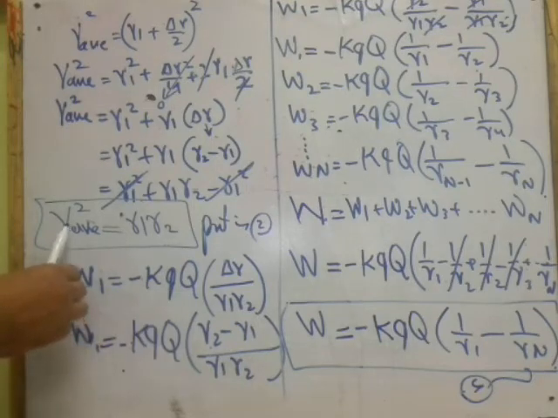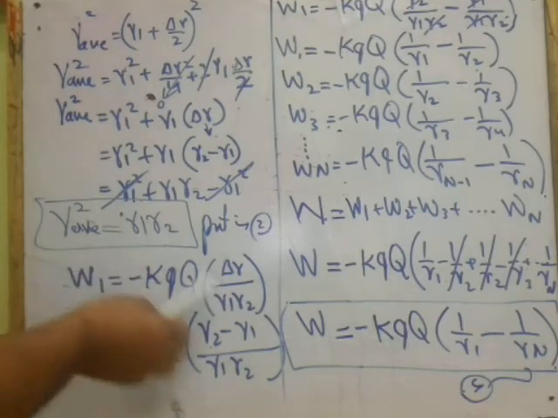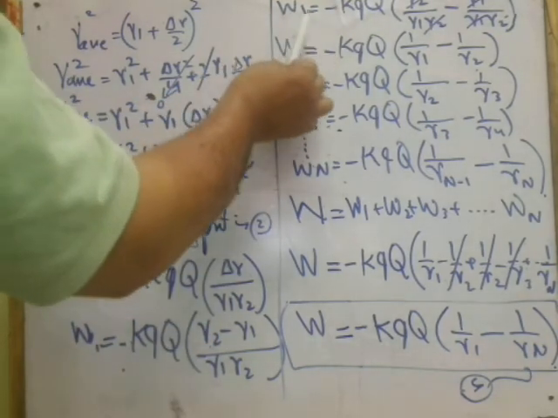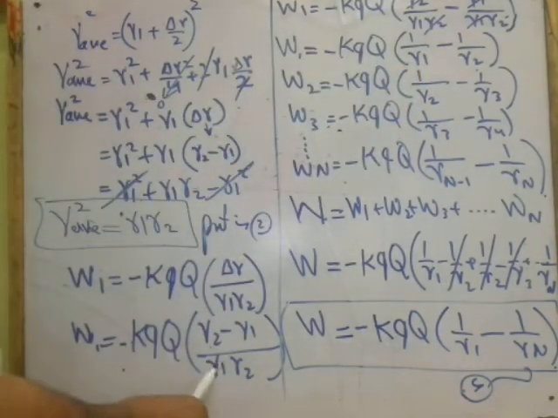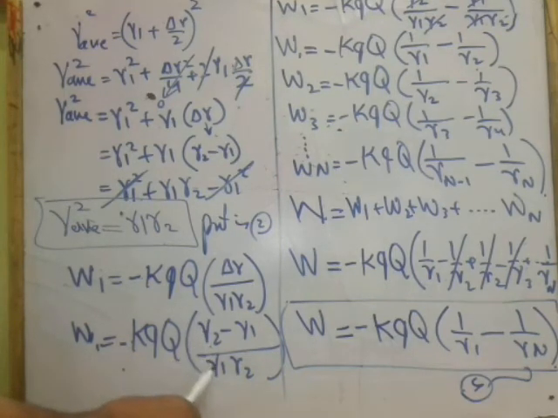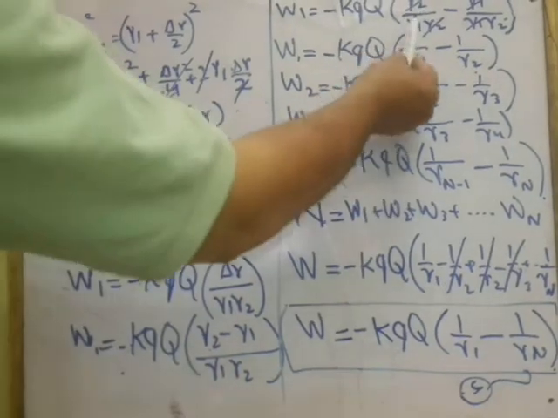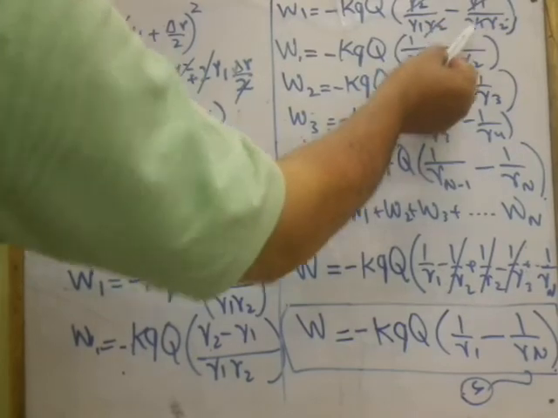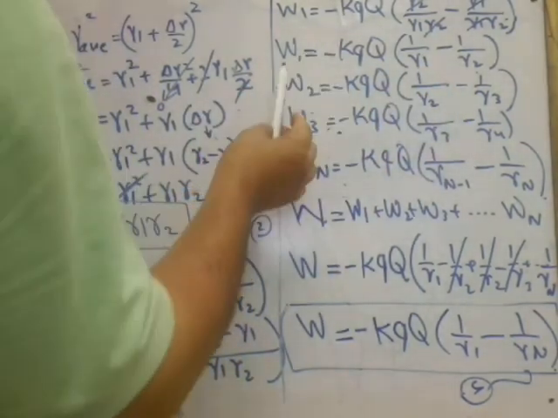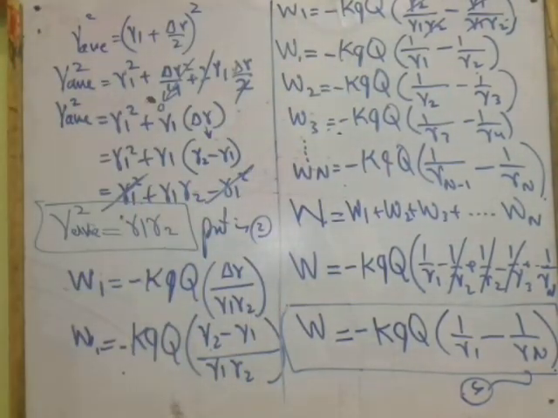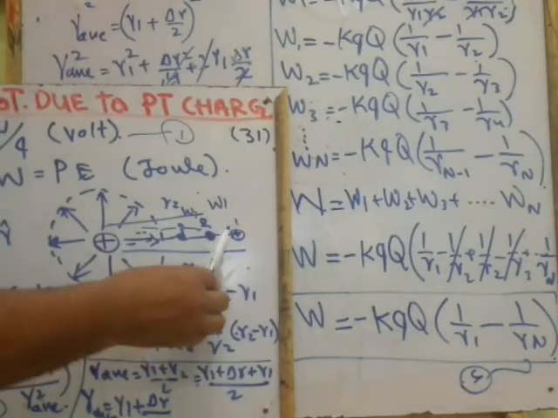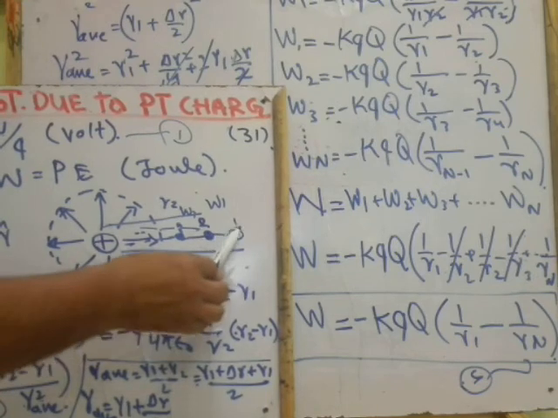Rearranging and simplifying, we can write R1 R2 as the denominator of R2 minus R1. Cancelling R2 with R2 and R1 with R1, we have this equation. This is W1, the work done between these two points.